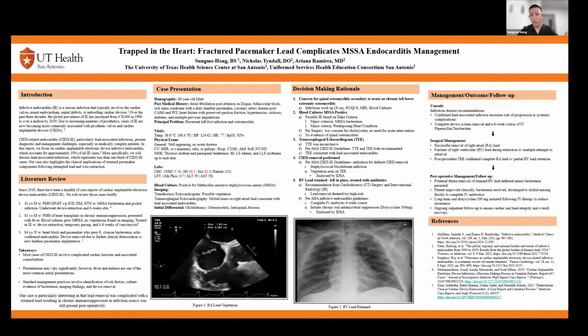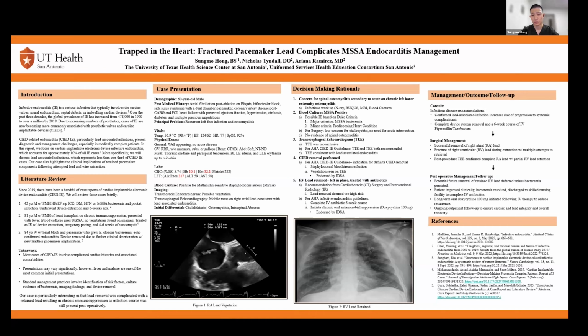And so we did a brief literature review looking at what other similar cases there have been. Since 2019, we were able to find 3 cases that were similar but not exactly alike. What we've noticed is that in most of these cases, patients tend to have complicated cardiac histories and a large number of associated comorbidities. Presentations tend to vary significantly.